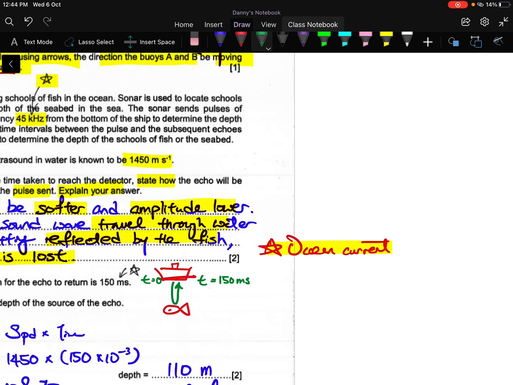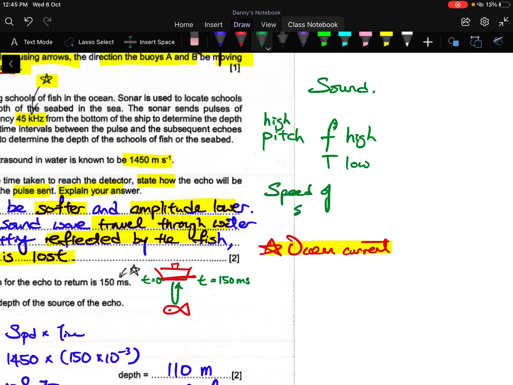Since we are on the topic of sound, I just want to highlight that when you have pitch, if pitch is high, then of course frequency will be high. In other words, the period will be low. And when we talk about sound, the speed of sound is usually constant.